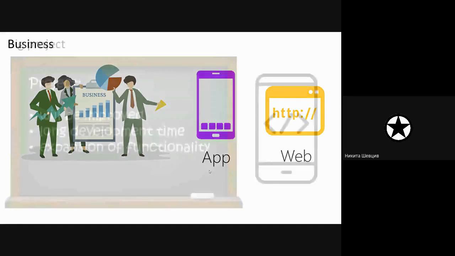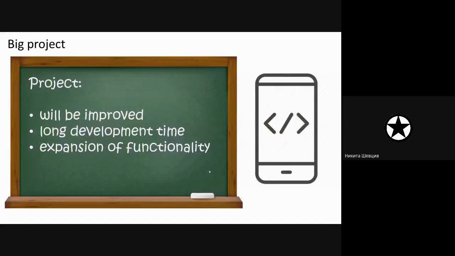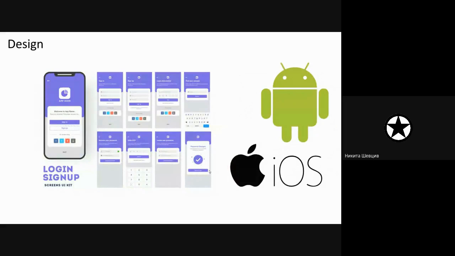But if we talk about projects with long development times, constant improvement, and expansion of functionality, cross-platform is seriously inferior to native development. In large projects, a lot of attention is paid to design and often to animation of objects.